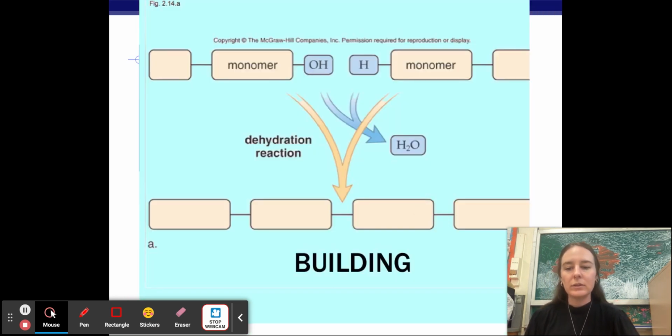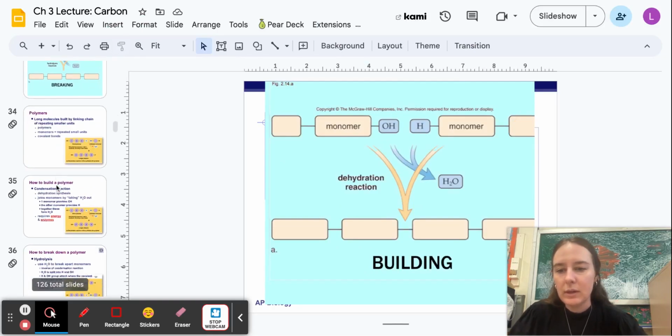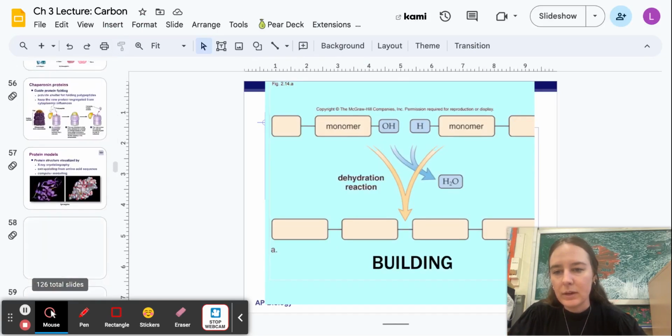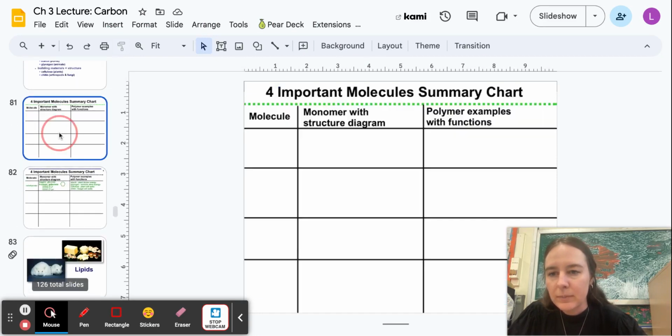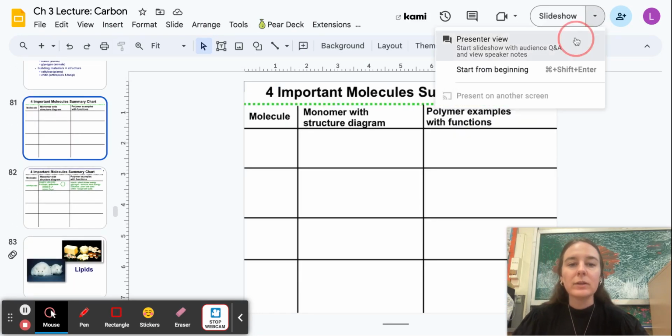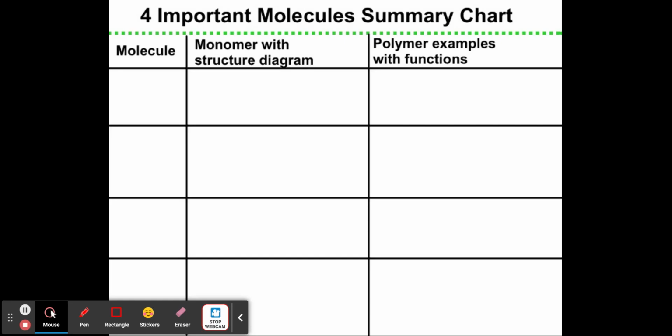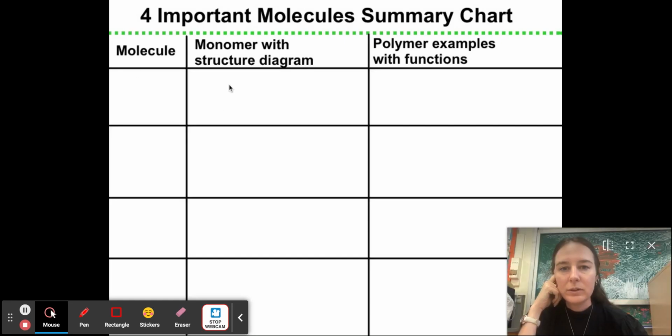So as we go through this video, I want you to think about, I have a little graphic organizer somewhere in here. Here we go. Okay, if you have a piece of paper, this will really help you, or put this in your notes somewhere. As we're going through the four molecules, so protein, carbs, nucleic acids, and lipids, draw a picture of what the monomer looks like, what its structure looks like, and then write some examples of polymers with their functions.